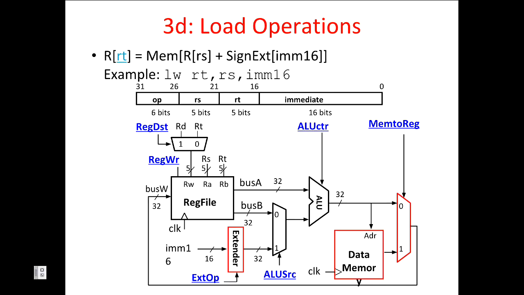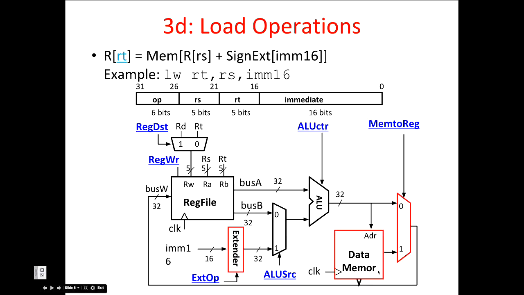Let's see, what else is new here? Mem to reg, this mux is new, right? Since we added a mux, now there are two choices. Since there are choices, new control signal, and we're going to call this control signal mem to reg. What this multiplexer does is it chooses between the output value of the ALU and the output value of data memory. In the case of load word, when we're going back to the register file to write over here, we want to take the value output from data memory.